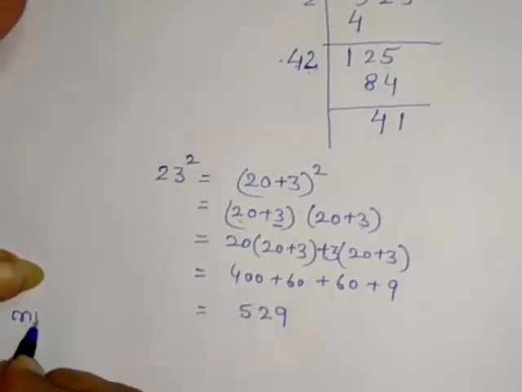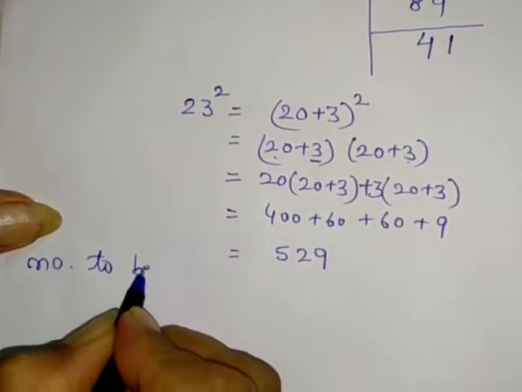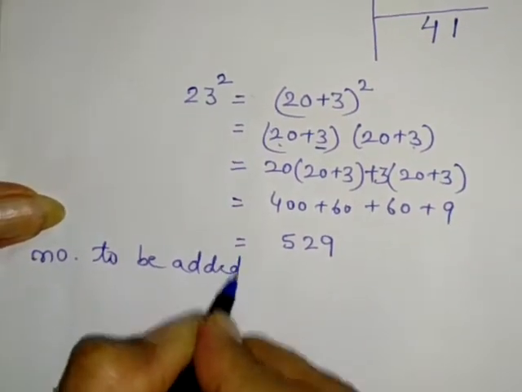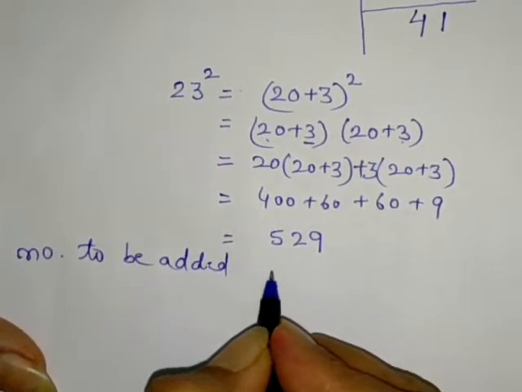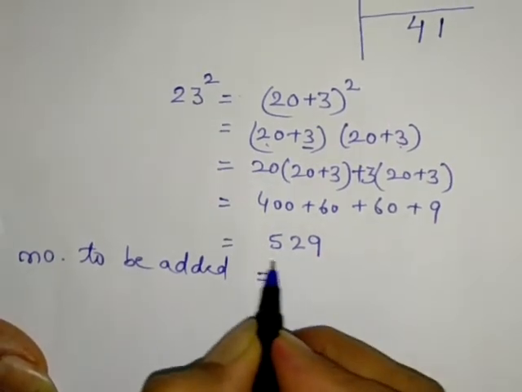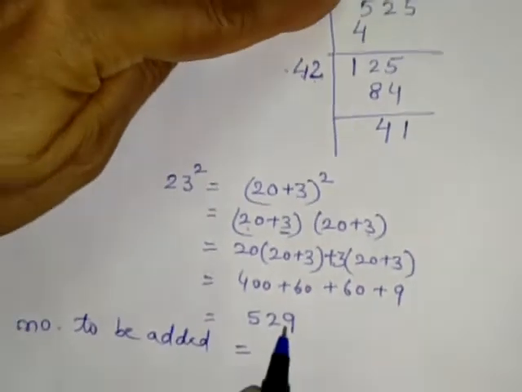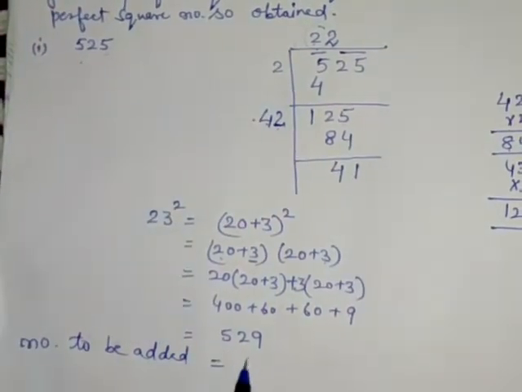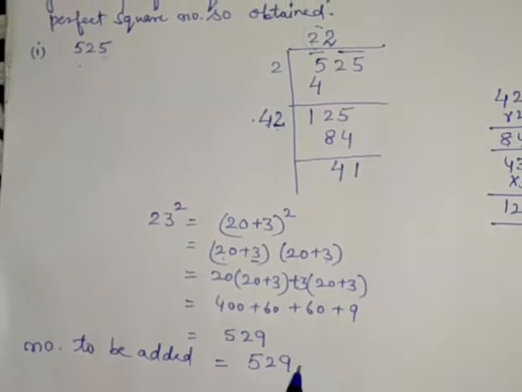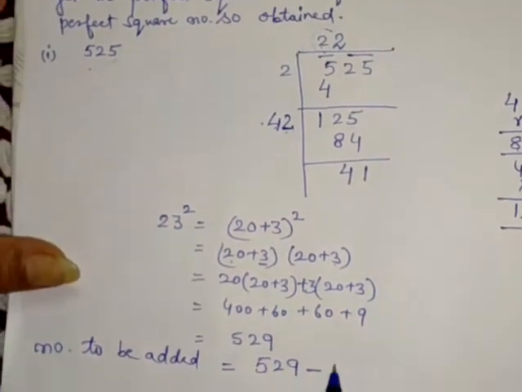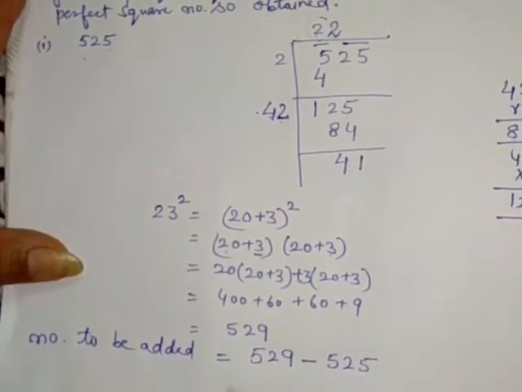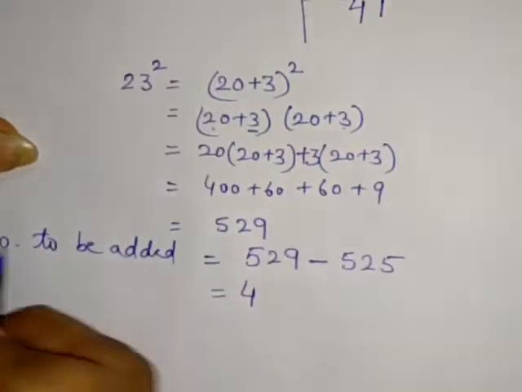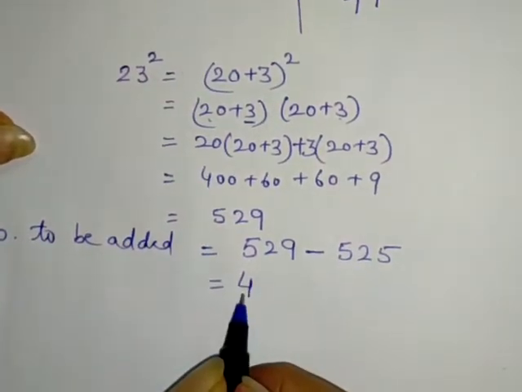So the number to be added to make it a perfect square is equal to this number, the square of the consecutive number that you calculated, that is 23 square, which is 529, minus the given number, whatever was given, that's equal to 4. It means 4 is to be added.